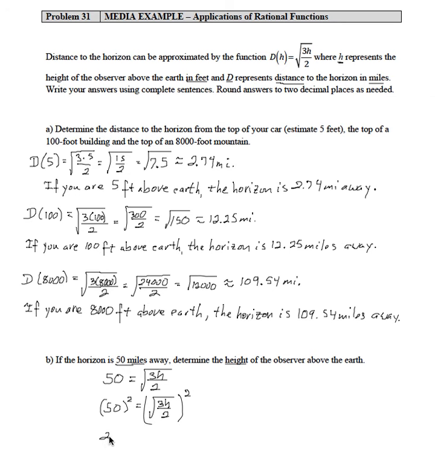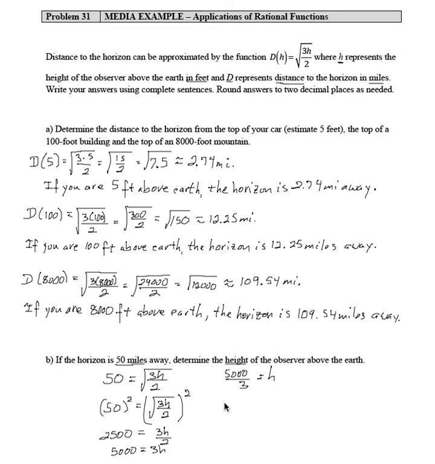The left-hand side becomes 2,500 equals the right-hand side, 3h over 2. If I multiply both sides by 2, I get 5,000 equals 3h. Then I divide both sides by 3, I get 5,000 over 3 equals h.